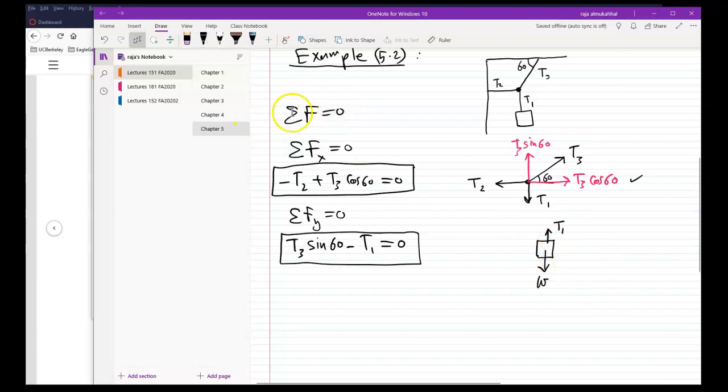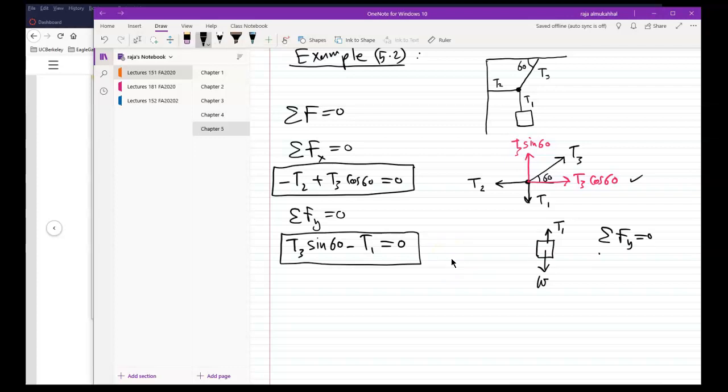So now I have my own equation here. I'm just going to use sigma F equals 0 for the engine by itself. As you can see here, there is no x component, so I can ignore sigma Fx equals 0. I'm only going to be using sigma Fy equals 0 for this one. So let me write it down here on the side. Sigma Fy equals 0, right?